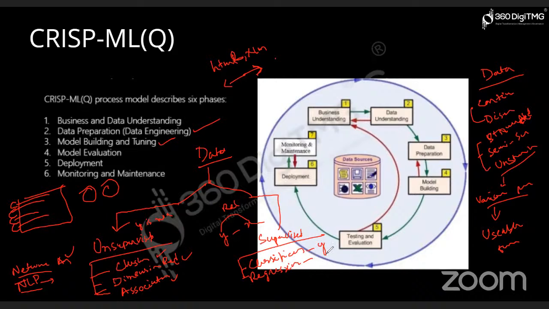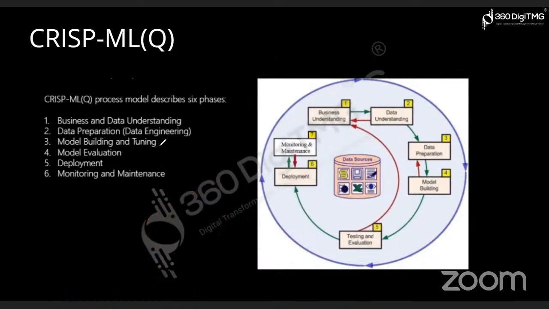In classification problems, our output is in the form of discrete data. In regression problems, our output is in the form of continuous data. Okay, that is all about model building and tuning. After we have built our model, we need to evaluate our model.